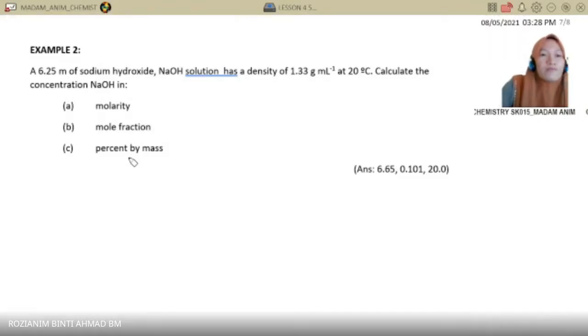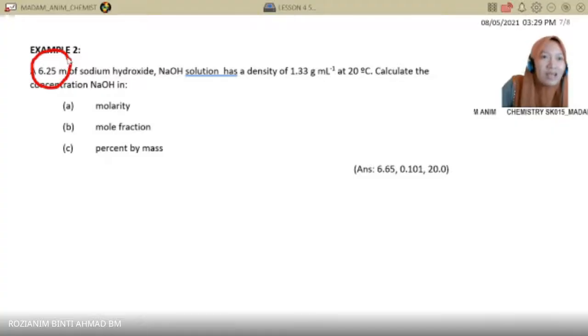Okay, first, tengok muka surat 22. Okay, first, you must understand the meaning of here. 6.25 m small letter. Clarify. Who is this value? Belong to the what? Molality.